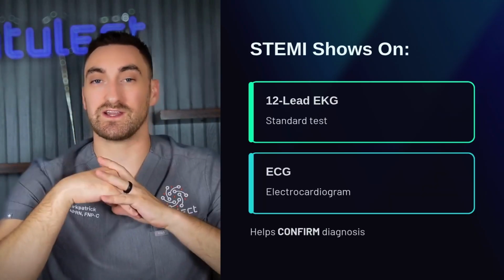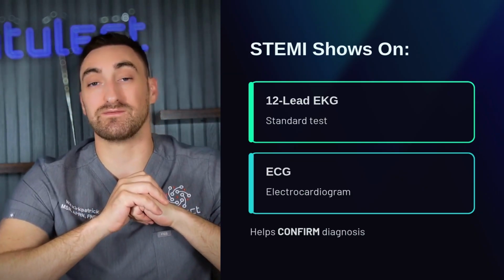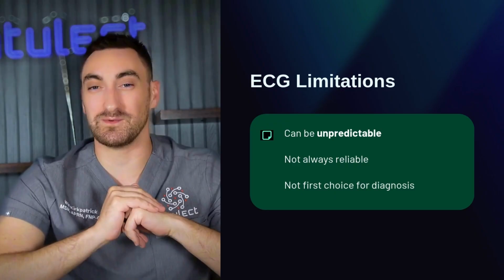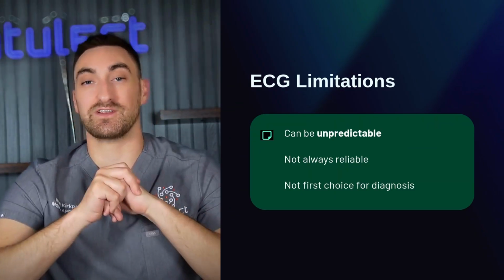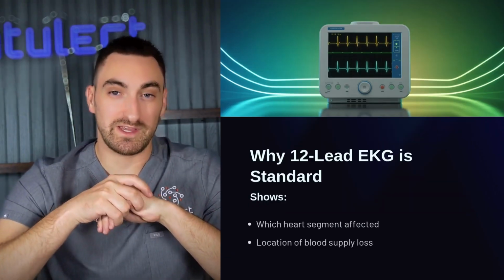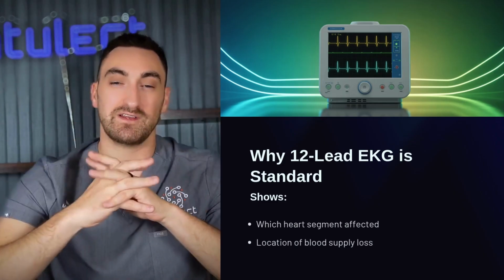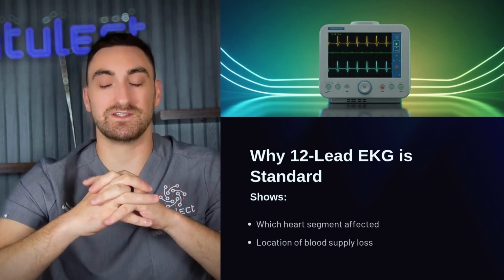A STEMI you're going to see on your ECG, or really your EKG. Your 12-lead EKG is what helps confirm this. ECG is pretty unreliable in a lot of senses, so you usually don't use that for a diagnosis unless you absolutely have to. It's pretty standard to do a 12-lead EKG because it also helps identify the portion of the heart that is impacted or lacking blood supply.